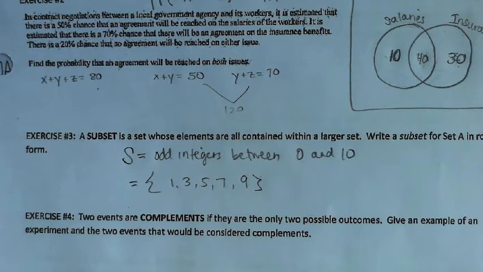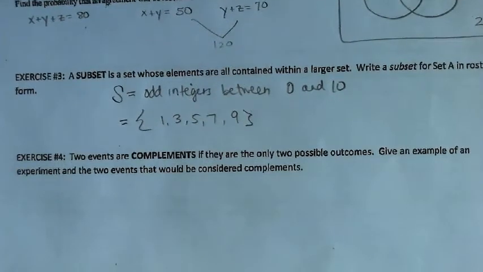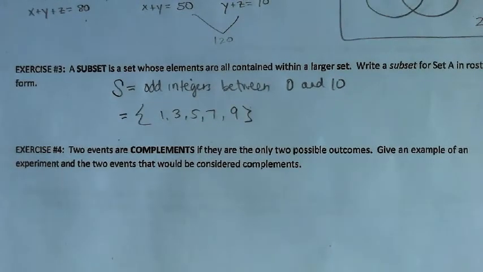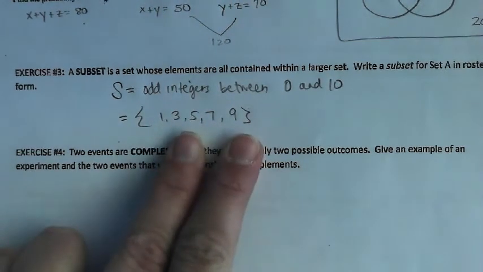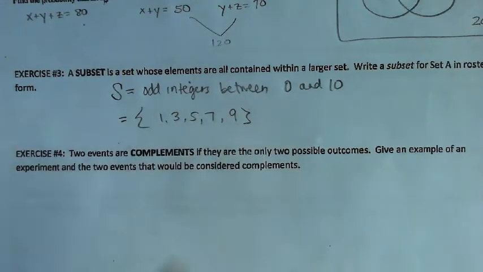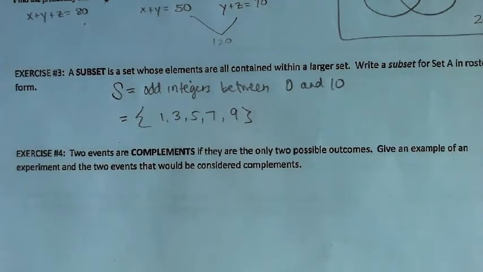And then another vocab word, complements. Things are complements when it either has to go one way or the other. So you could say odd integers between 0 and 10 versus even integers between 0 and 10.